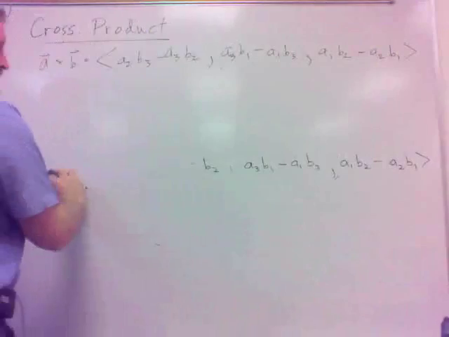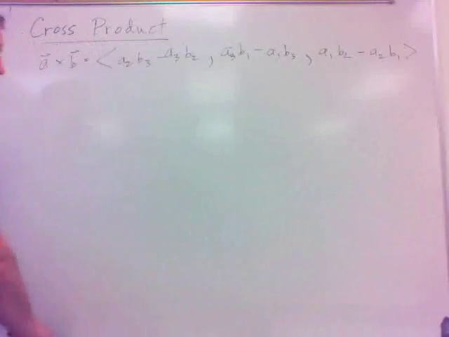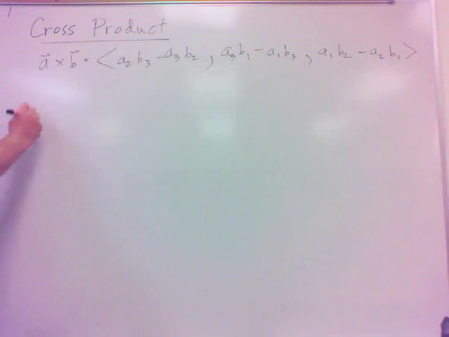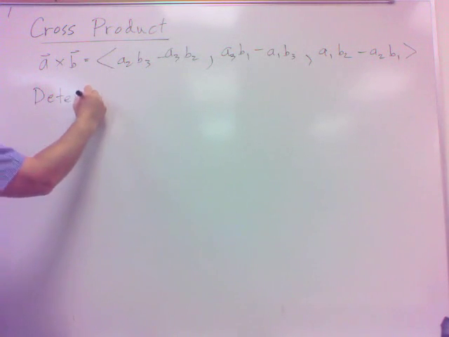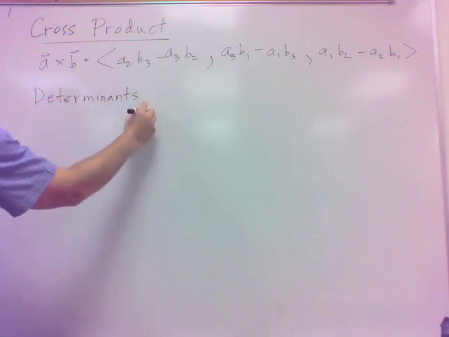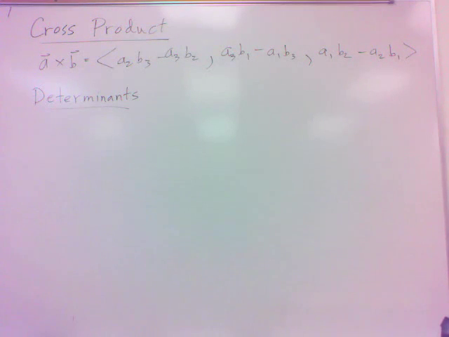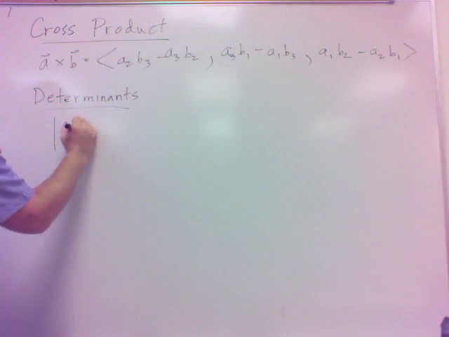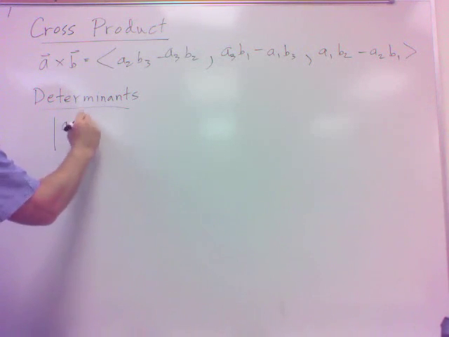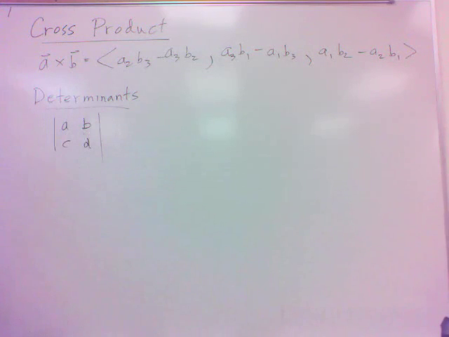Okay. All right. Instead of having to remember that, let's talk about determinants. Have you ever done any of that? Okay. With matrices, exactly. Well, with determinants, just review real quick. If you've got a 2 by 2 matrix, which means 2 lines of numbers, and then the bars there mean we're doing what's called the determinant of that.